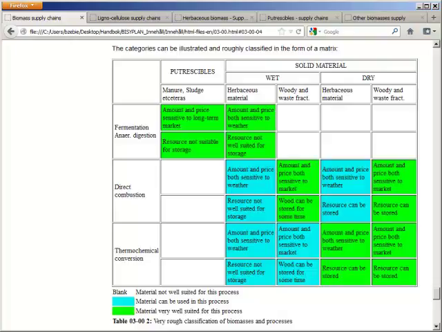And having now introduced this table, we shall start to go into looking at the supply chain, the unit operations that occur during the supply chain, and how the supply chain can be organized for the different types of fuels.